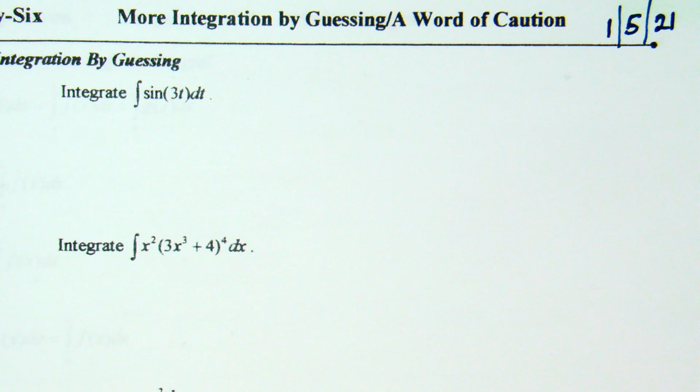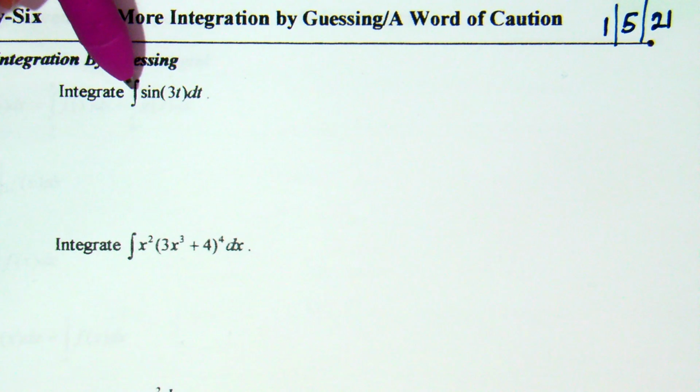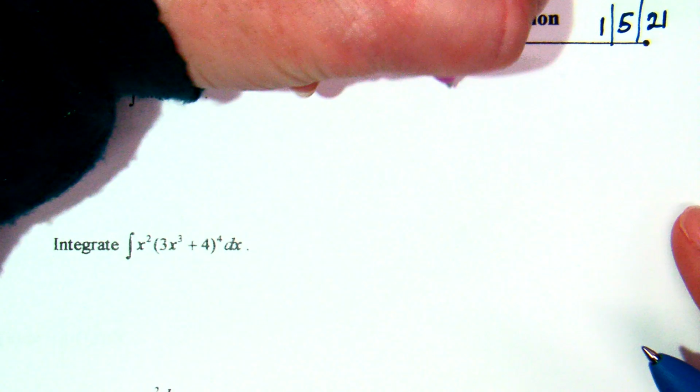And this is where my brain does, okay, the derivative of cosine is negative sine, so the derivative of negative cosine is positive sine. So our guess is the negative cosine of 3t, keeping those insides the same.